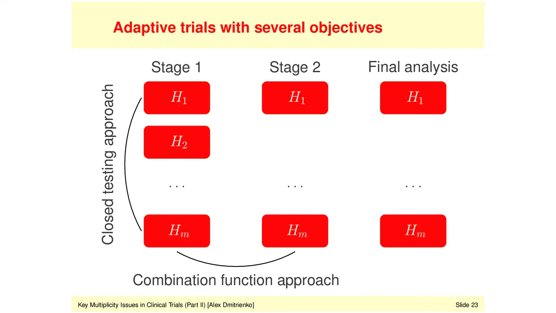For example, a certain patient population may be removed and the final analysis may be performed only with respect to the remaining null hypothesis. When we combine the two approaches, we can guarantee that even in this and more complicated types of adaptive decision rules, the overall alpha will be indeed controlled.